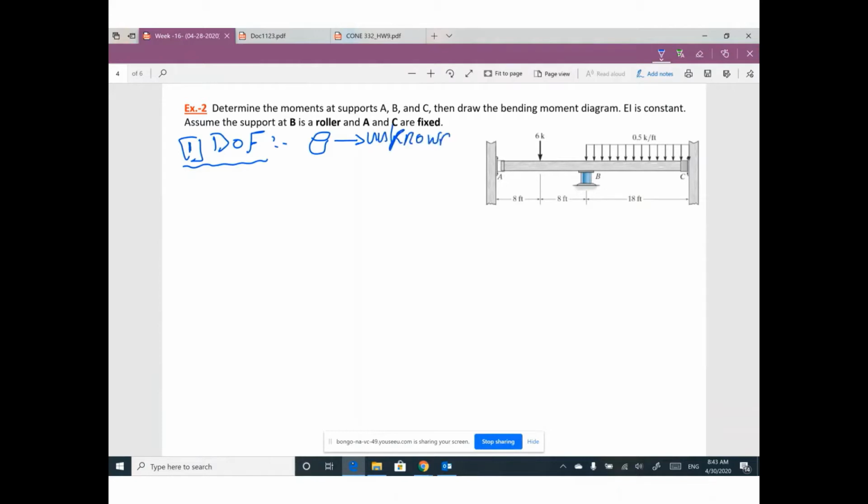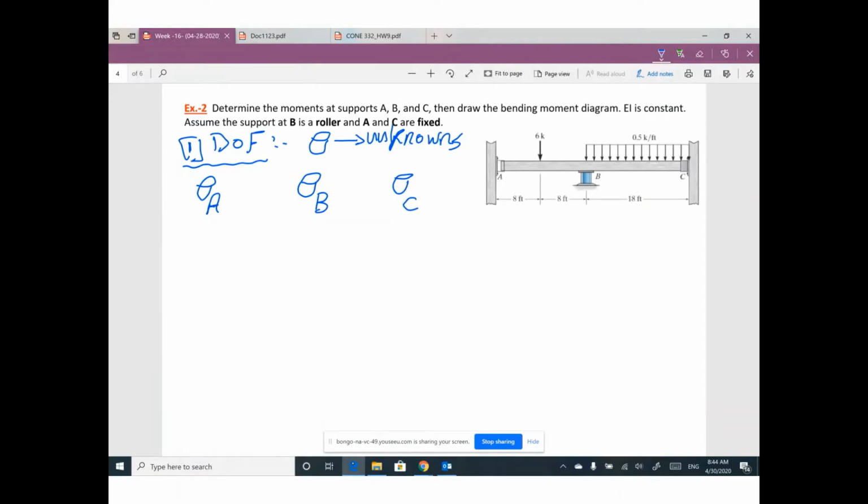Your unknowns in beams are theta; if we are talking about a frame, we may have delta. But for beams, we are talking about theta. So I'm looking for theta at A, theta at B, theta at C.